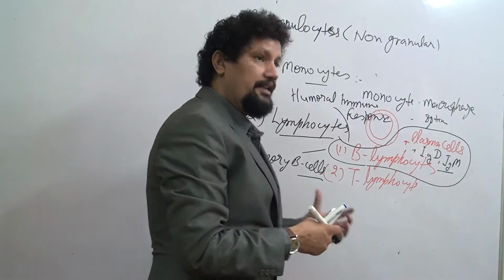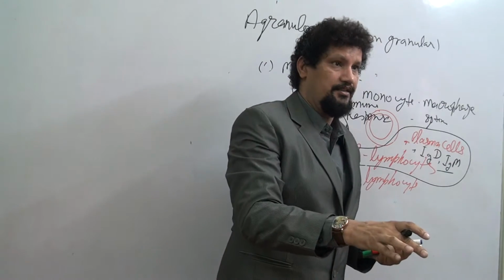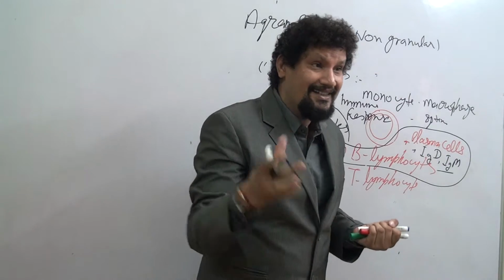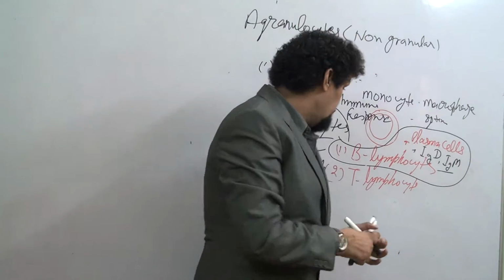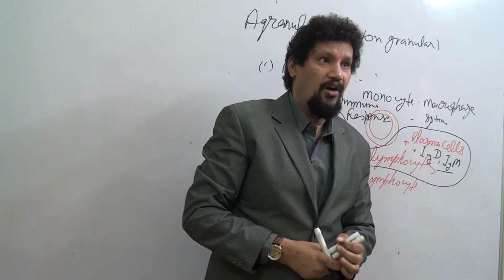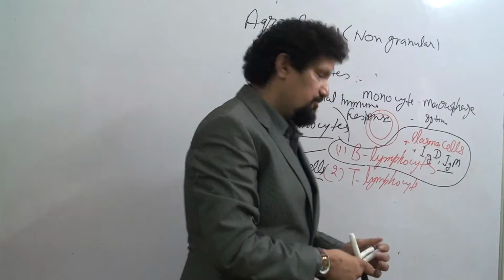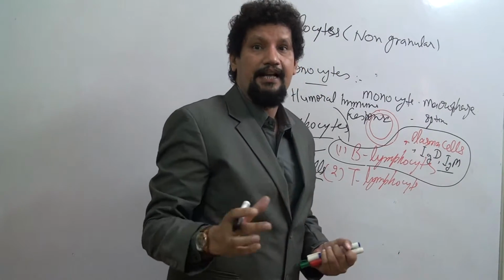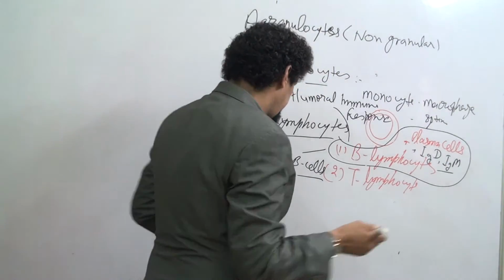These B cells will immediately fire because they have ready-made antibodies, and these antibodies will kill or engulf the foreign bacteria or the virus. So this type of response is known as the secondary immune response.